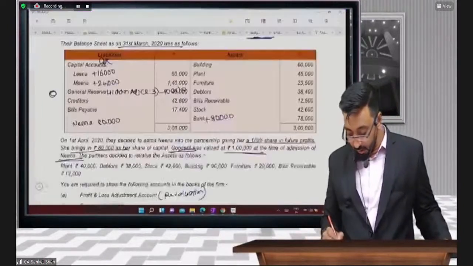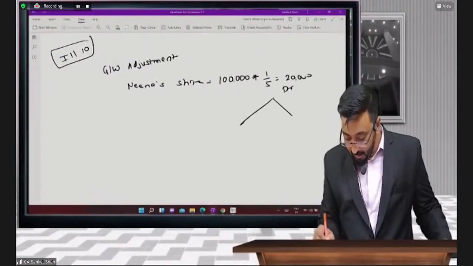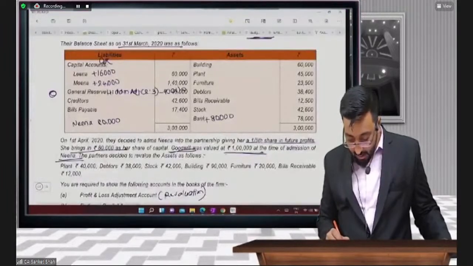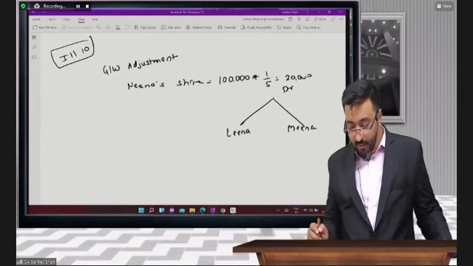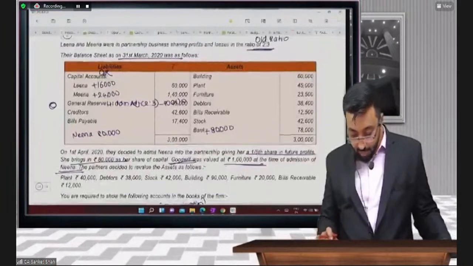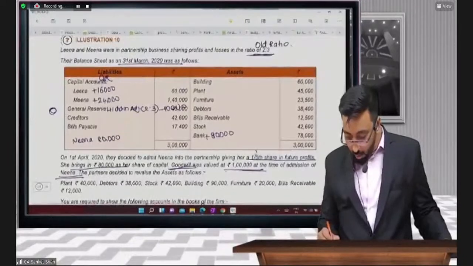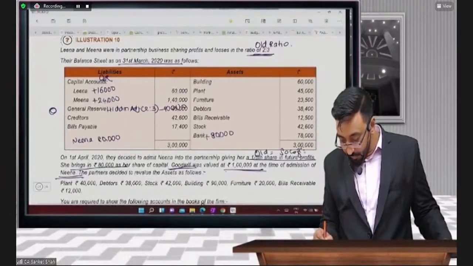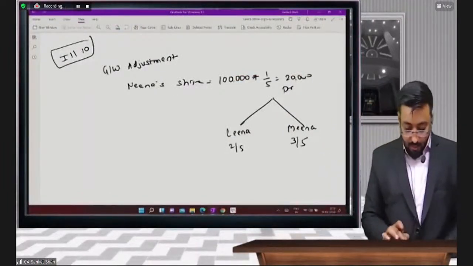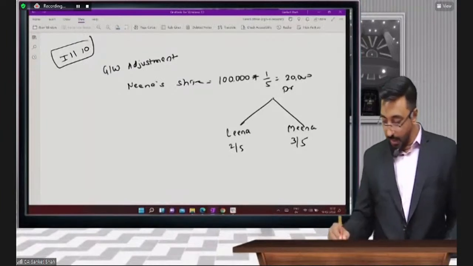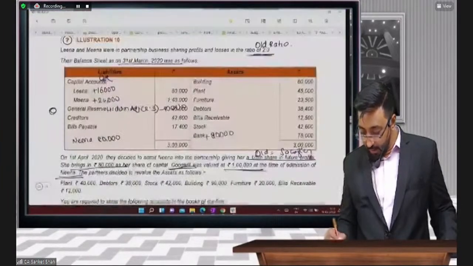I'm giving you a shortcut. 1 lakh into 1/5, so this is 20,000 debit. And who will share this? Lena and Meena. Now, is the new ratio given or not given? Not given, sir. Therefore, old is equal to sacrificing, 2/5, 3/5. So 20,000 divided by 5 into 2, so beta 8,000 credit, 12,000 credit. Credit means beta add.